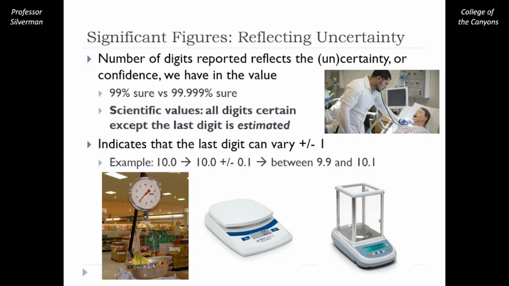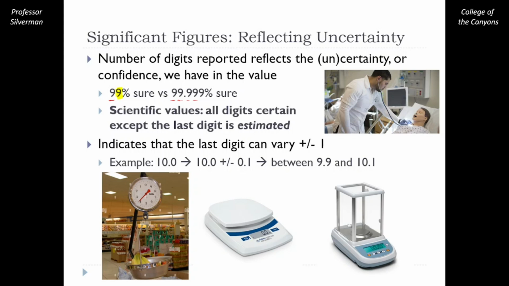In science, in this course, our rule of thumb is that if you have a lot of digits reported in your number, we are not guessing about any of those digits except for the very rightmost digit. That is to say, the 9 on the left here is certain, and only this rightmost 9 is uncertain or guessed.